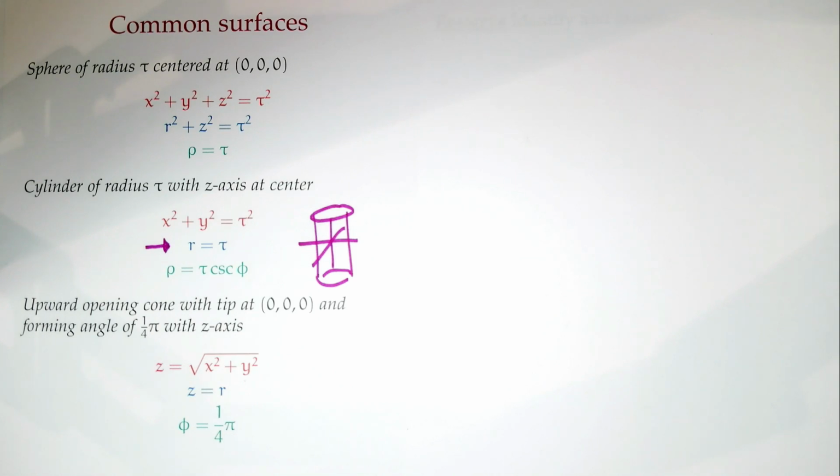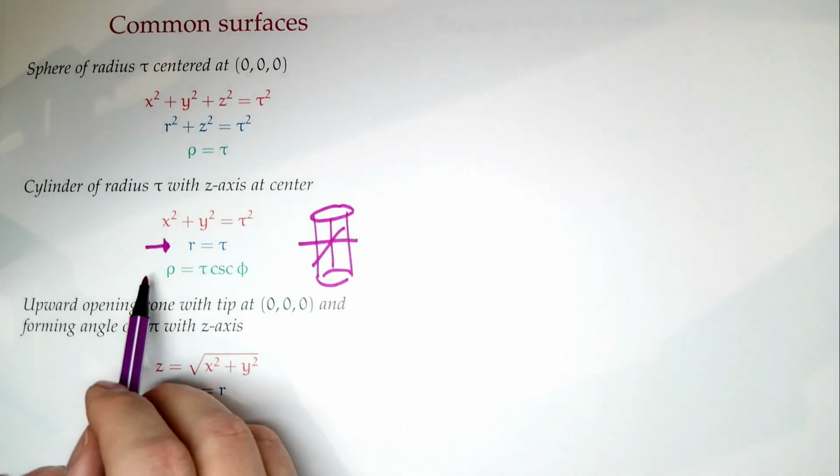If you have an x or a y, you've got to be in Cartesian, because that's the only one that uses x or y. If you have an r, you have to be in cylindrical, because that's the only one that uses r. But then, of course, you look for combinations. If I have both r and z, I have to be in cylindrical. So you look at what variables are being used.